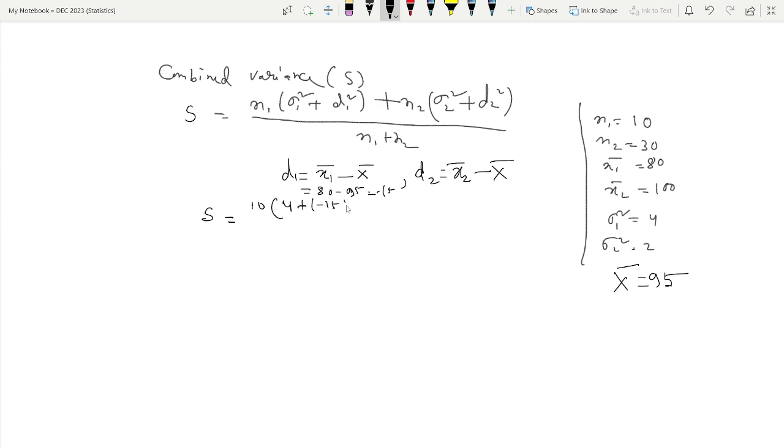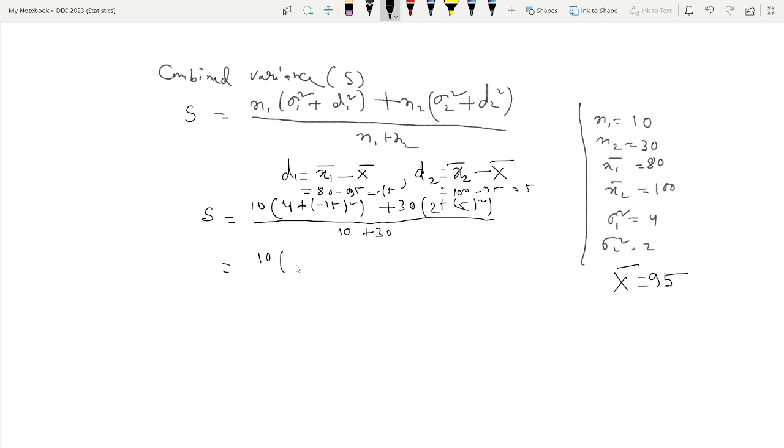Minus 15 whole square plus 30 into sigma 2 square is equal to 2 plus d2, x2 bar is 100 minus 95, so it is 5. So 2 plus 5 whole square, divided by n1 10 and n2 30. Now we calculate this value.